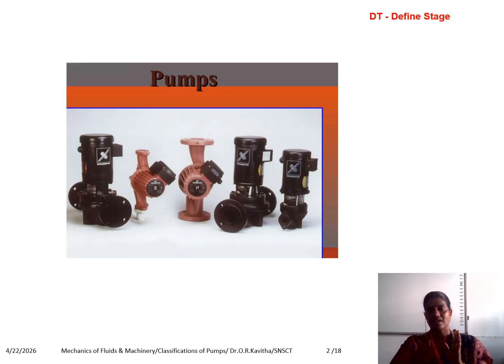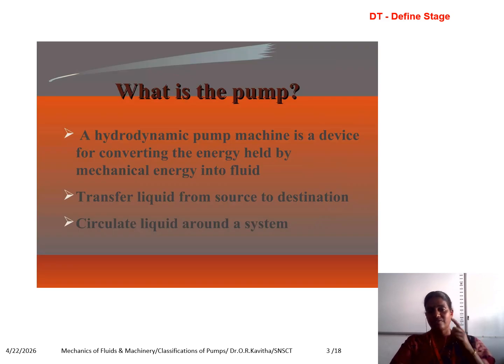Now we will see some pictures of types of pumps. Here the conversion is from mechanical energy into hydraulic energy, so the transfer mechanism is just the opposite of the turbine.